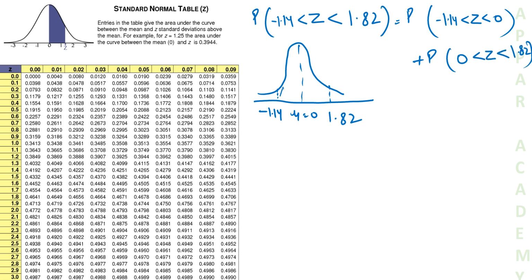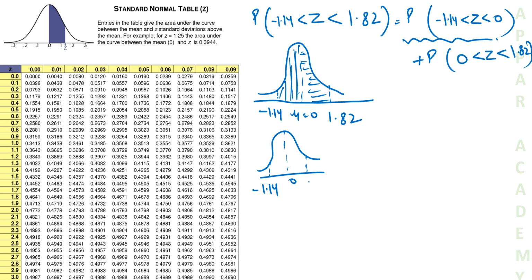So we have simply added these two regions in order to get this entire blue shaded region. Now by symmetry, if this is 0 and this is minus 1.14, this region will be the same as the region on the other side, because around 0 the standard normal curve is symmetric.